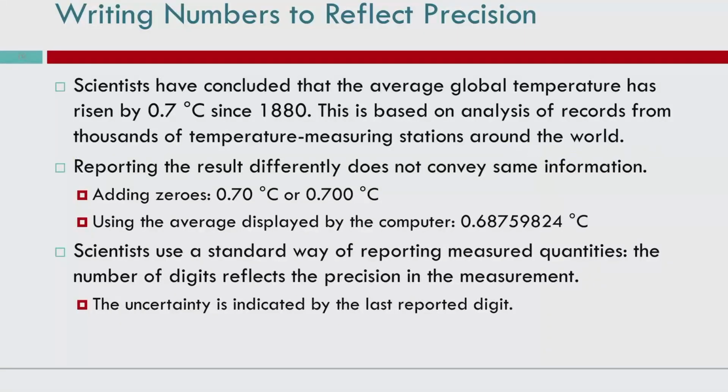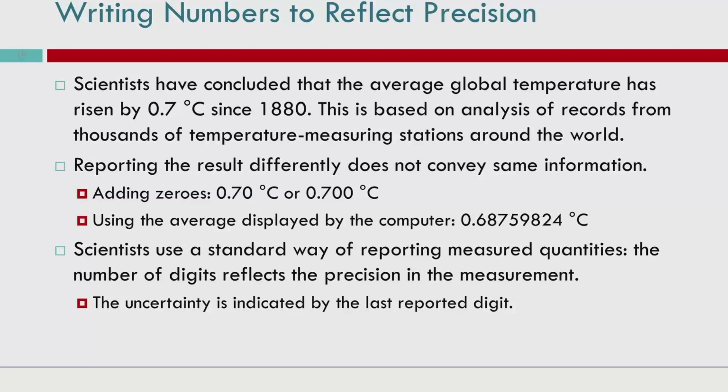If you add more decimal places to that, it's different information. So if you say that it's gone up by 0.70 degrees Celsius, or 0.700 degrees Celsius, most of us have probably seen measurements that go out to 2 or 3 decimal places in degrees Celsius, much less degrees Fahrenheit.